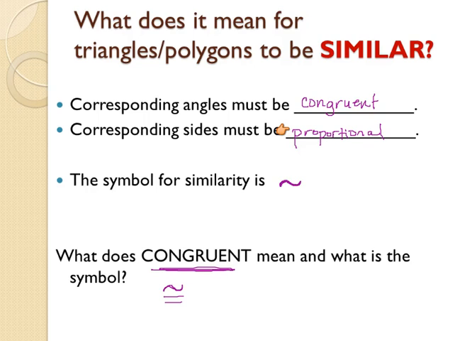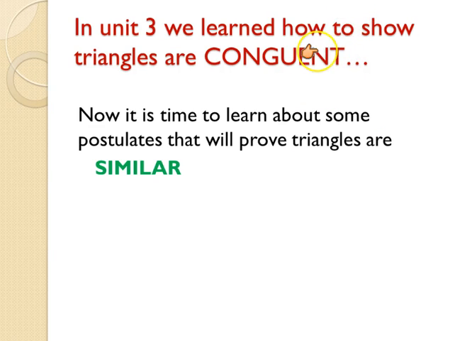So we're going to put these ideas to use now, and we are going to spend some time this week proving that triangles are similar. So we're going to learn how we can prove triangles are similar. Remember back in Unit 2.